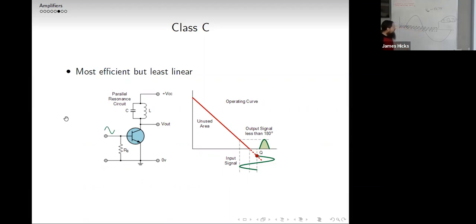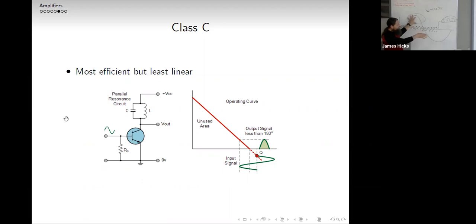So you can think of this as really capturing the top part of that. We're biasing so much that we're really only seeing this top part.